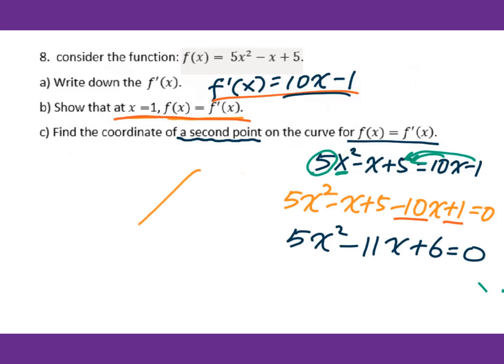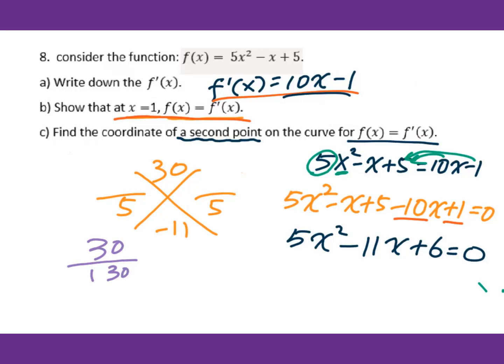Then you can do the ninja method. Here's 30, negative 11 over 5 over 5. For 30, you will do 1 and 30, adding is not 11; 2 and 15, not; 3 and 10, not; 5 and 6, yes, it is. But we need a negative 11, so negative 5, negative 6.